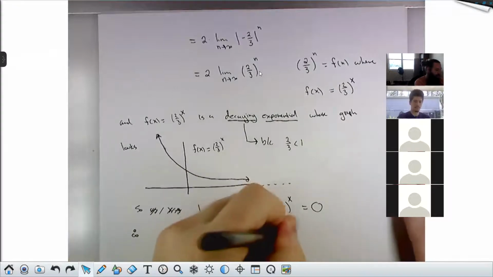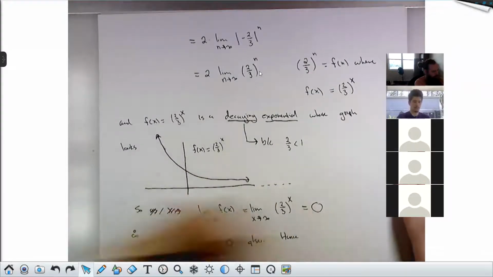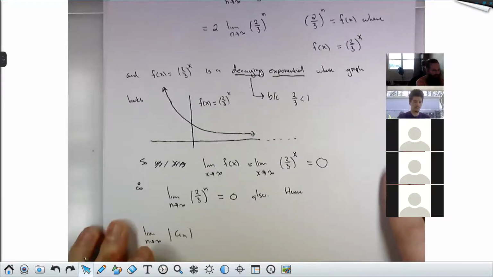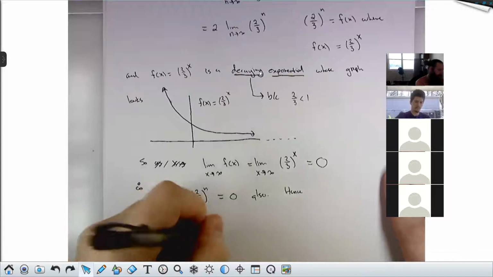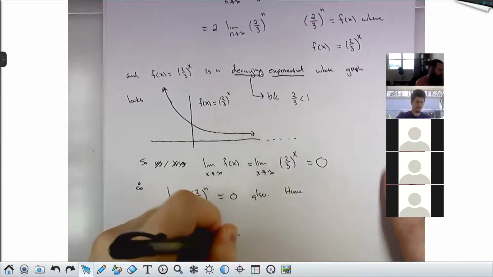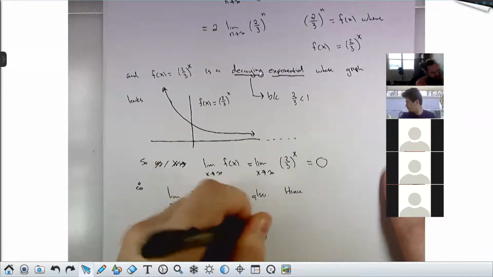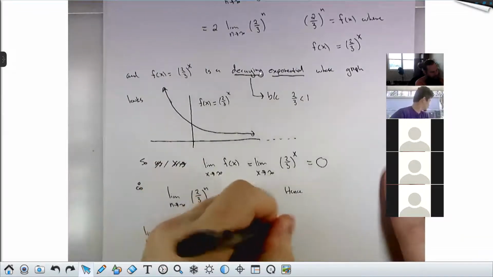Hence, the limit as n goes to infinity of the absolute value of a_n, which we found to be 2 times the limit as n goes to infinity of 2/3 to the n, equals 0.